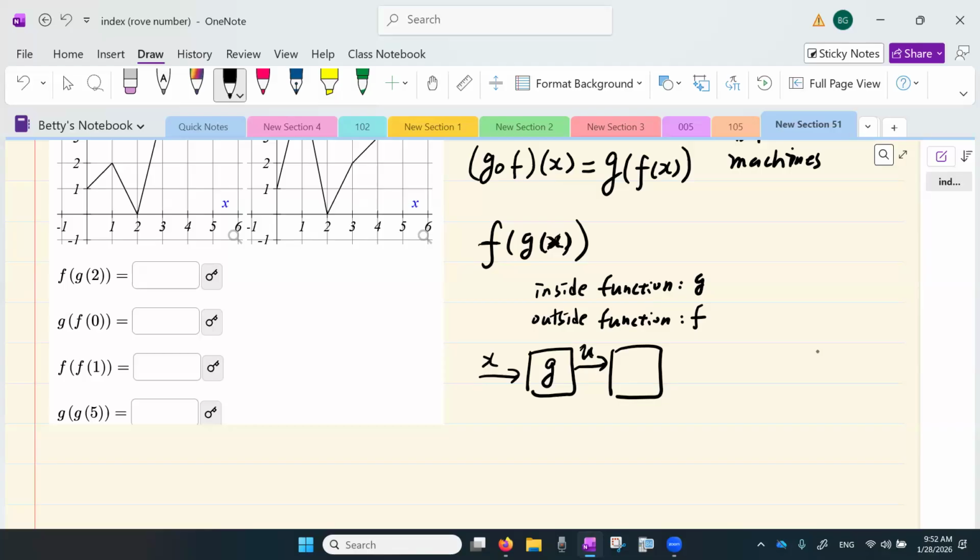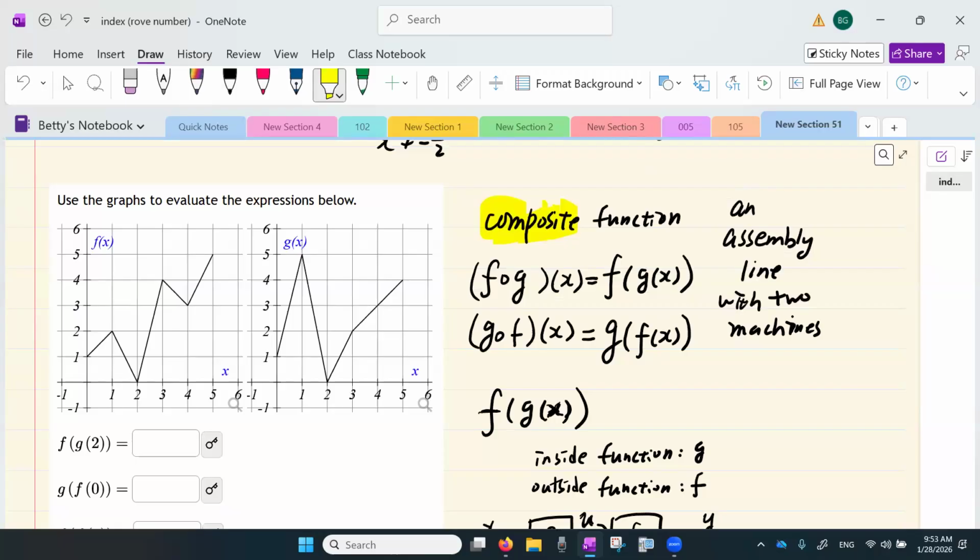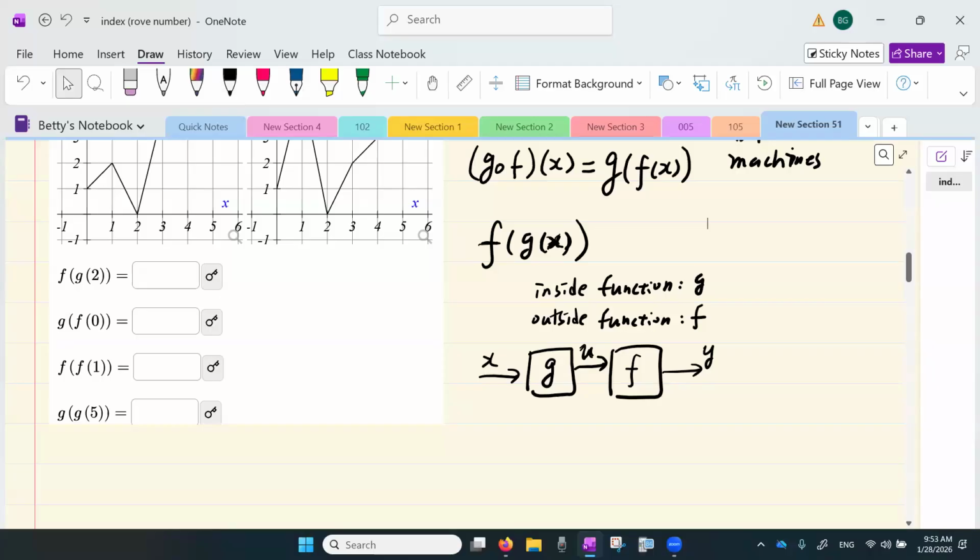And then the semi-product goes into the outside function, and then the final product is y. So a composite function with inside function g, outside function f is an assembly line. I'm not sure my pronunciation is very standard for this word, but I wrote it down. This is what I'm trying to say. Two machines in it.